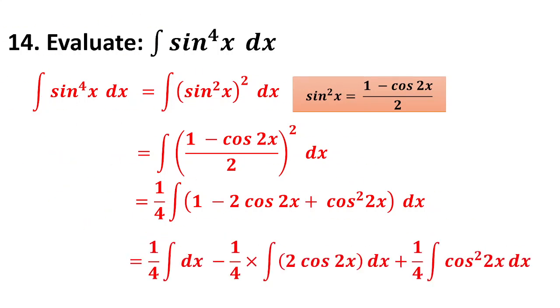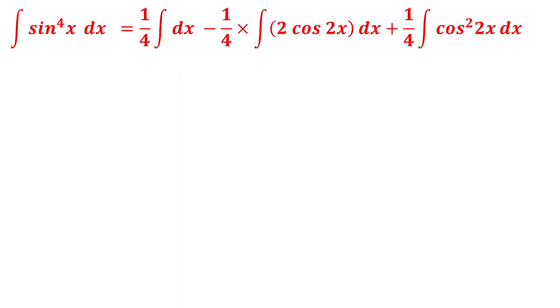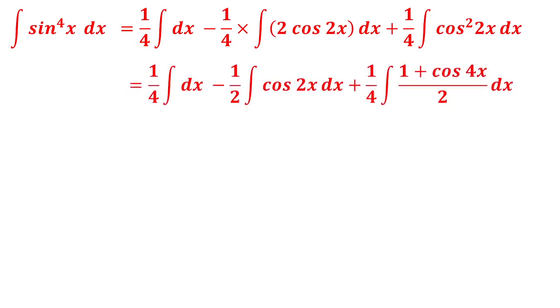But once again, expanding it as 1 by 4 into dx minus 1 by 4 into 2 cos 2x plus 1 by 4 into cos square 2x. Let us continue. Now again, the first two integrals are no problem, directly you can do. Again, that cos square 2x is to be written as 1 plus cos 4x by 2. Be careful, it is 2x, therefore twice that 2x is 4x. Now split the integral.